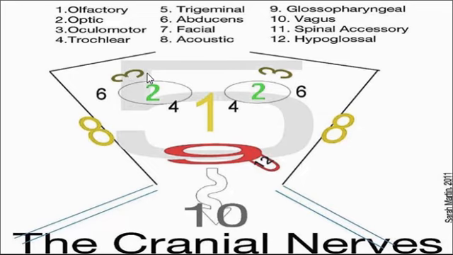Then the next few go together. Number 3 is your oculomotor, that shows you above the eyebrows here. 4, your trochlear. And 6, we'll get back to 5. 6 is your abducens, and we'll say a little more about abducens. But 3, 4, and 6 all have to do with the movement around your eyes.